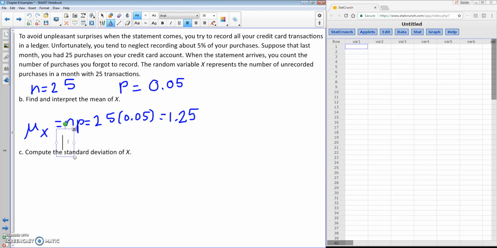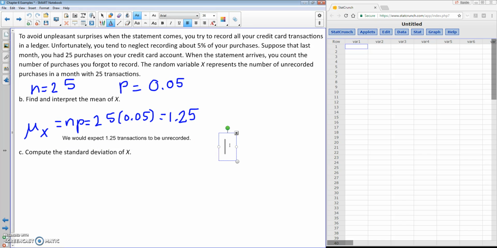So we're going to interpret our mean. We would expect 1.25 transactions to be unreported.